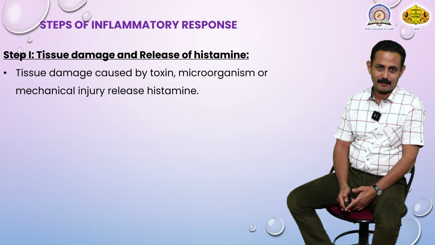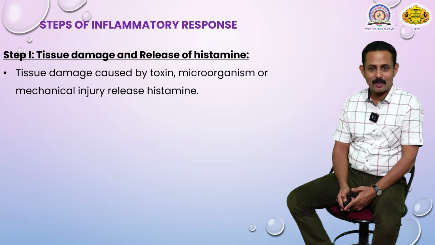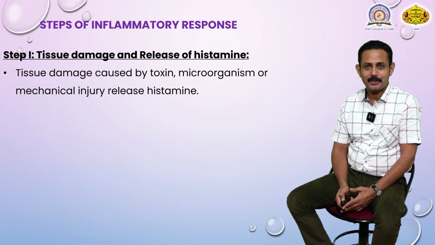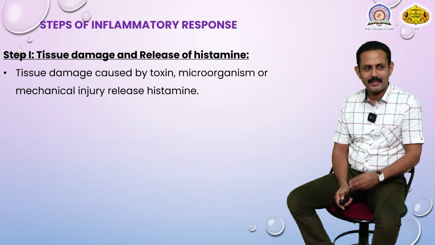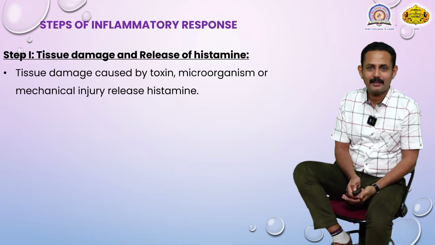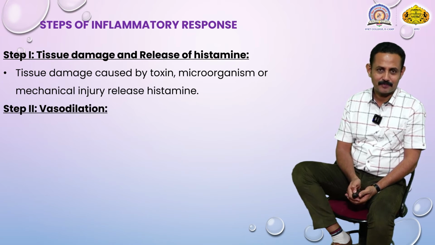Already I told you how tissue damage takes place. It is caused by toxins, microorganisms, or by mechanical injury. This damage itself is responsible for releasing histamine from the area of inflammation or tissue damage.